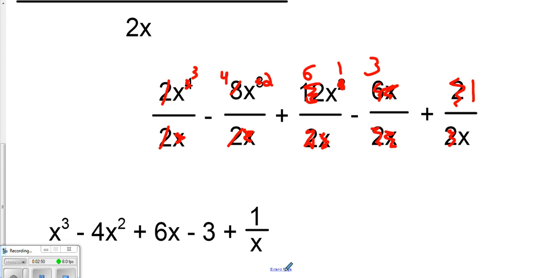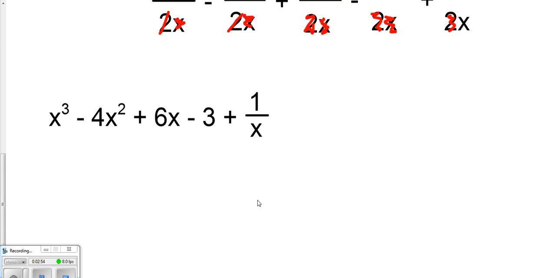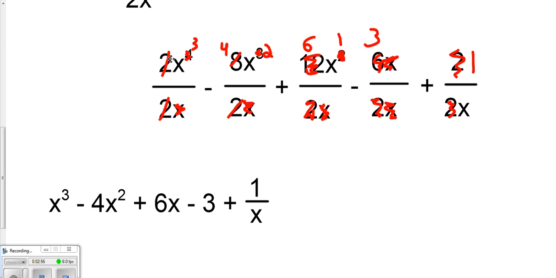So when we look at our simplified version, I'm going to get 1 over 1, which is just a coefficient of 1, x cubed. That's my first term. Minus 4x squared, and that goes right here.